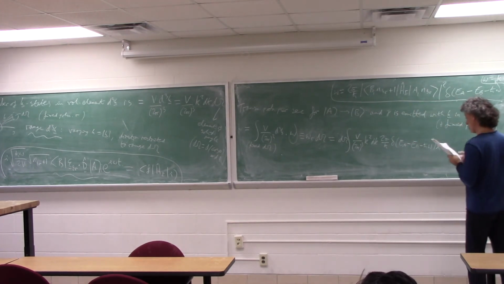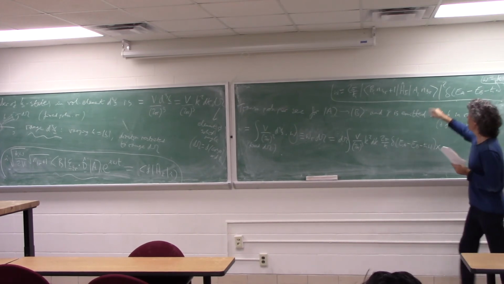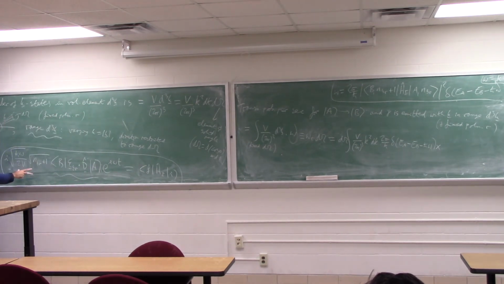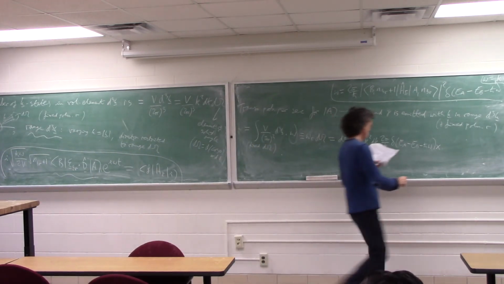Times the magnitude squared of our transition matrix element. Remember, before we worked out the transition matrix element, we take the magnitude squared, and what do we find?